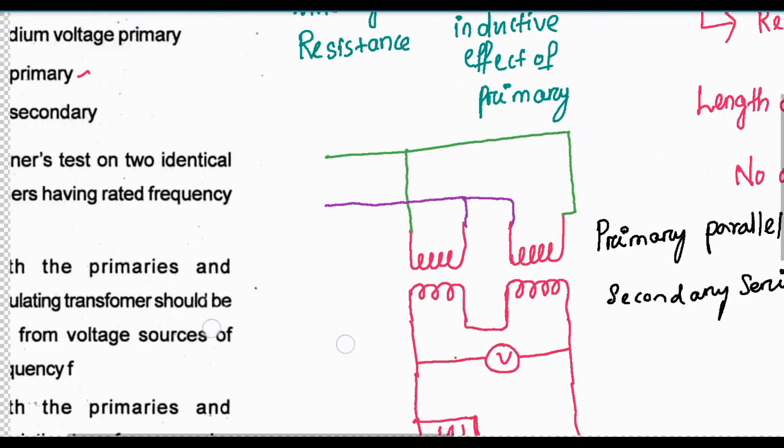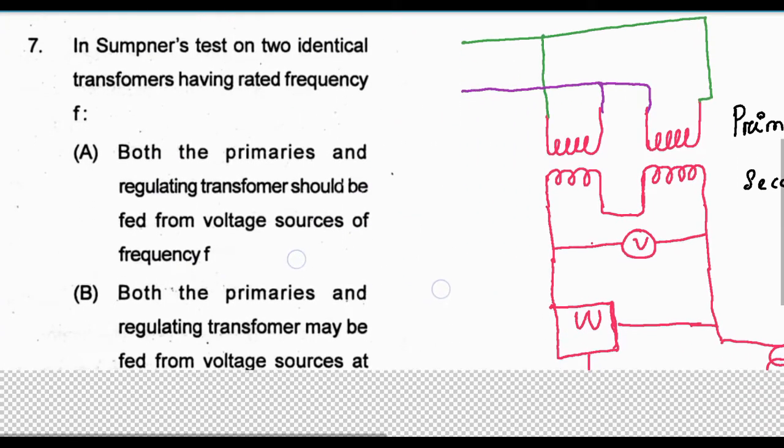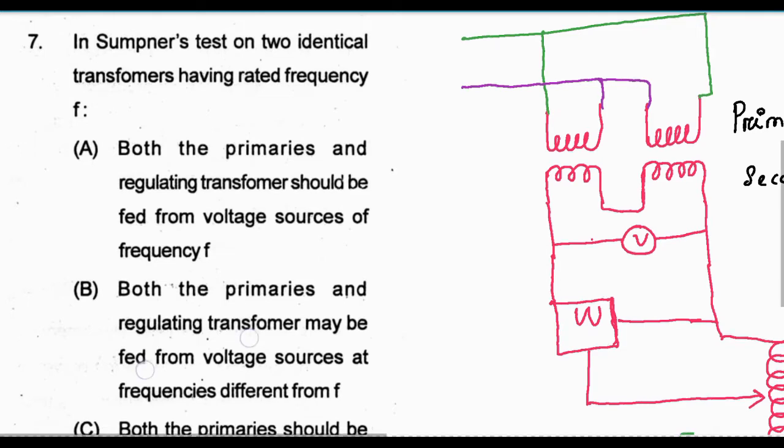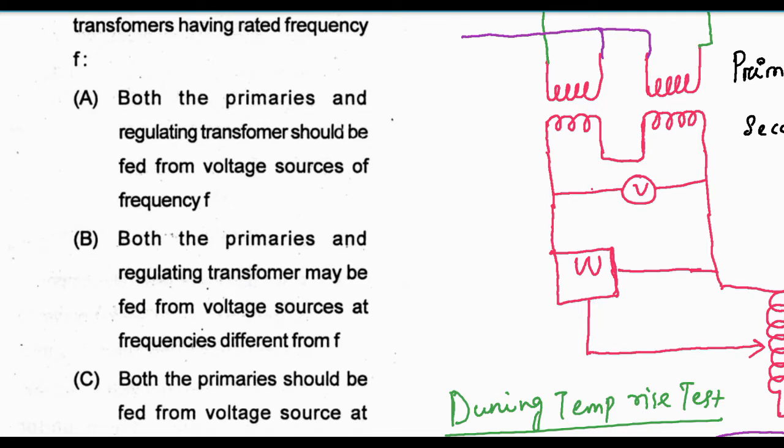Next question. In the Synchronous Test on two identical transformers having rated frequency f: option A, both primaries and regulating transformers should be fed from voltage source of frequency f. Option B, both the primaries and regulating transformer may be fed from voltage source at frequencies different from f.